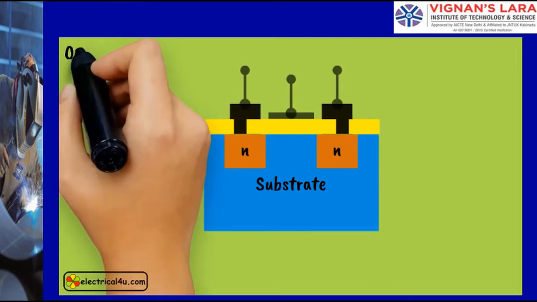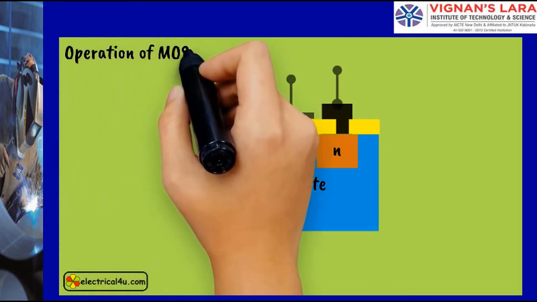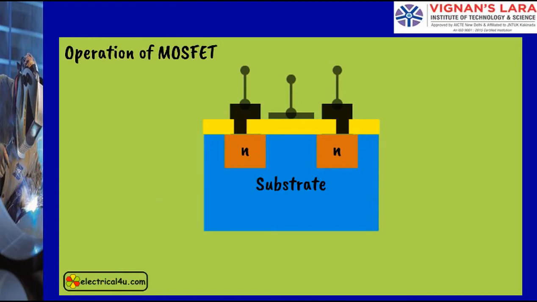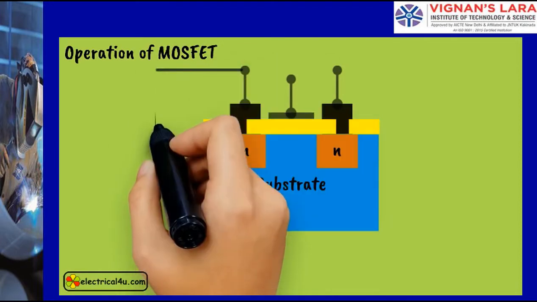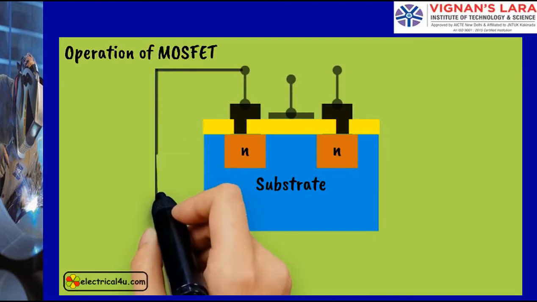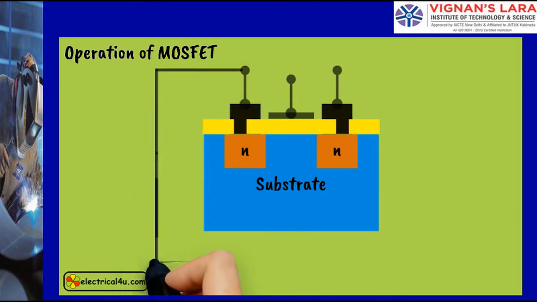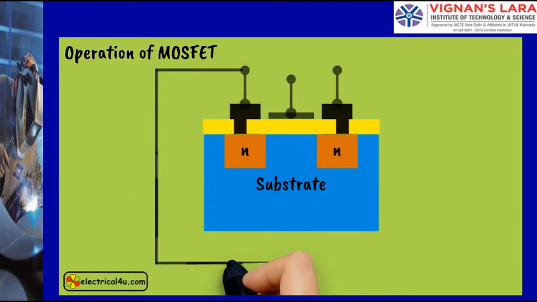Now we will come to the operational features of MOSFET. For that, we have to connect a DC voltage source between these two N-type regions.